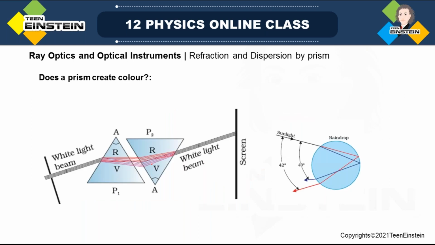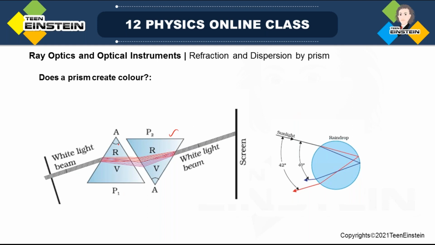This is the reverse experiment. What is this reverse experiment? He had taken exactly the same or a similar prism and put it in an inverted way. Look, the base is here in this case for the second prism.